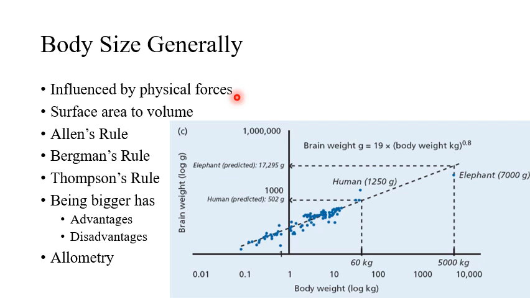The last thing I'm going to say about body size generally is that if you look at the weight of anything, like the proportion of the weight over the weight overall, right? This is actually a graph of brain size.